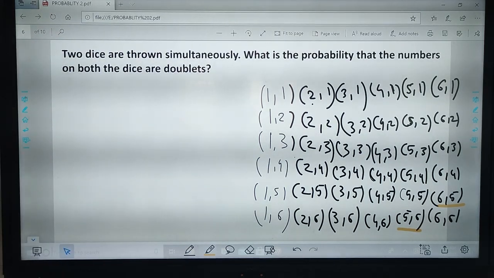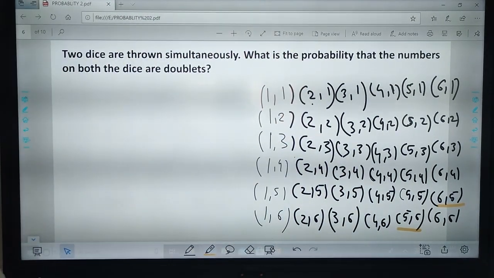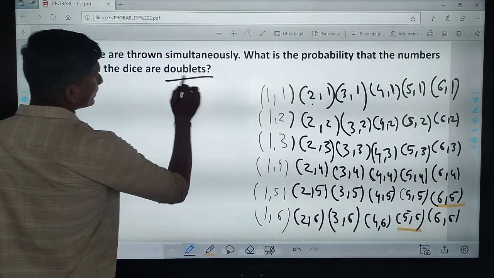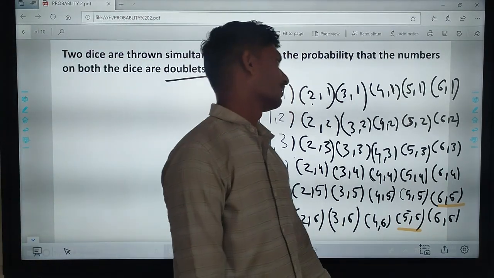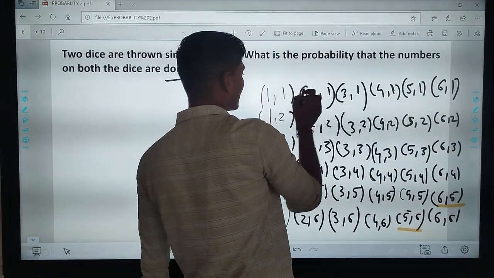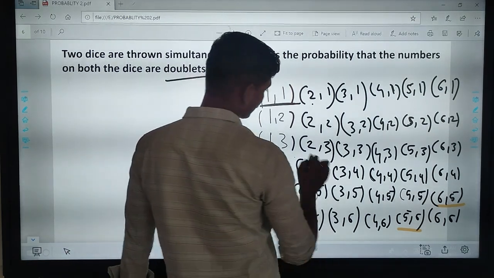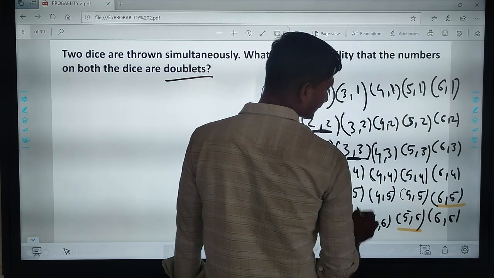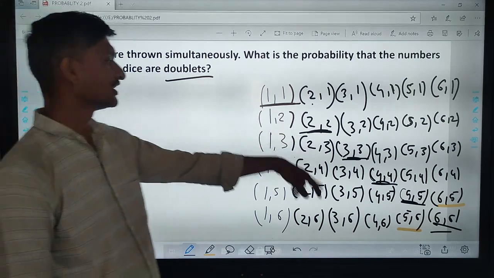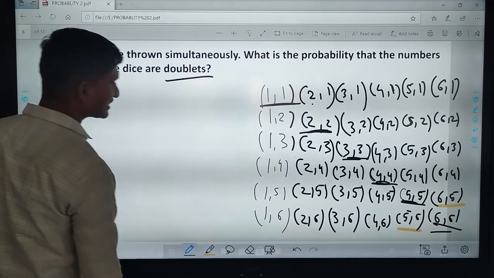Two dice are thrown simultaneously. What is the probability that the numbers on both dice are duplicates? Duplicate means the two numbers are the same. The first die has a number and the second die has the same number. Then these samples are 1,1, 2,2, 3,3, 4,4, 5,5, 6,6. Then the total samples are 6.